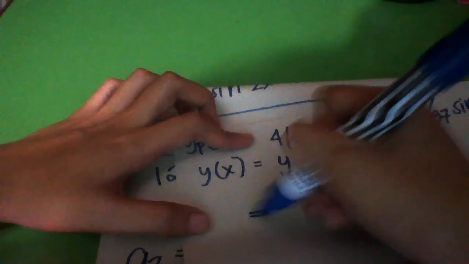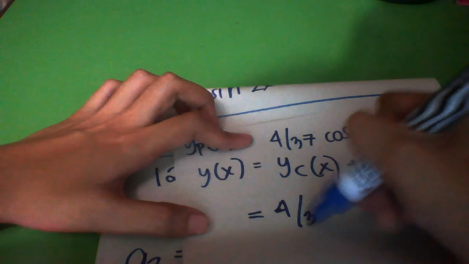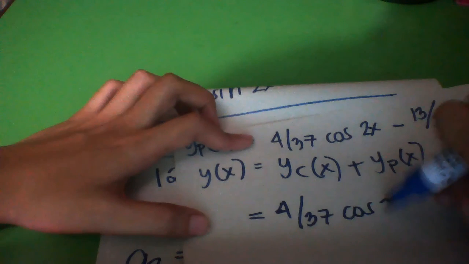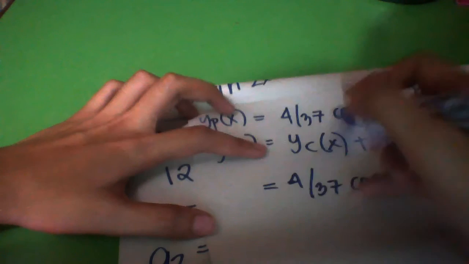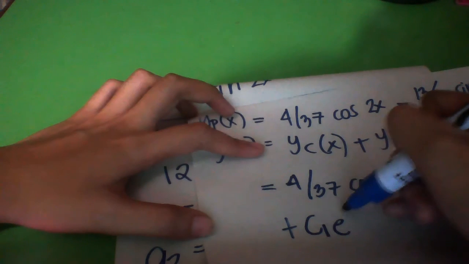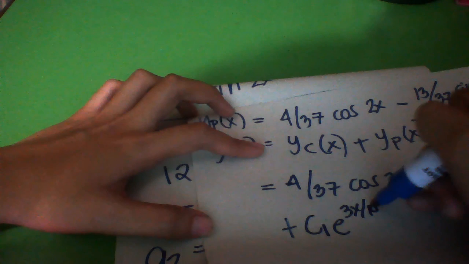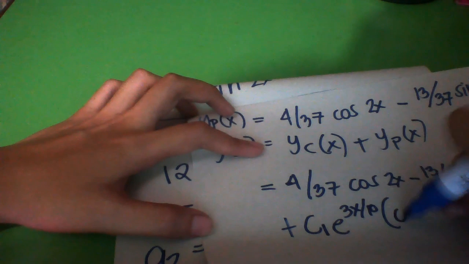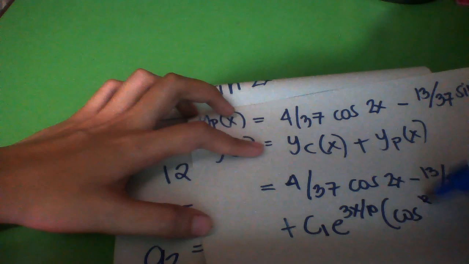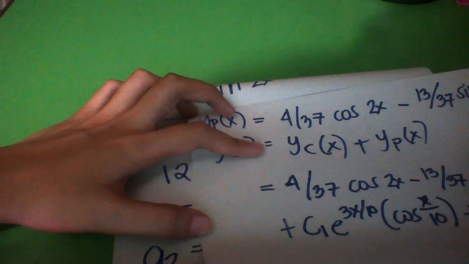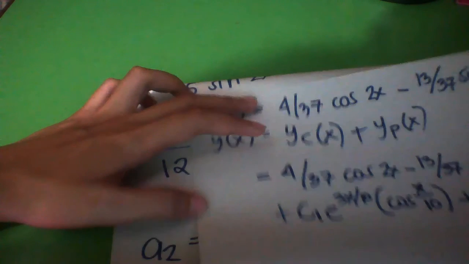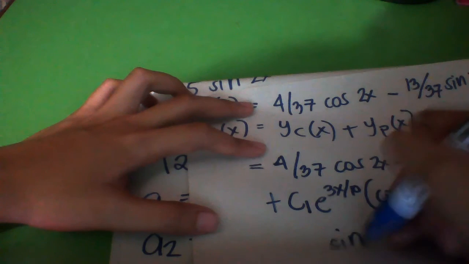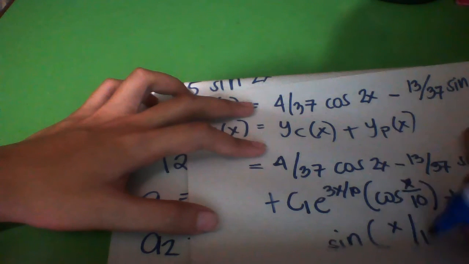So this will become 4 over 37 cosine 2x minus 13 over 37 sine 2x plus c1 e to the 3x over 10 times cosine x over 10 plus c2 e to the 3x over 10 times sine of x over 10.